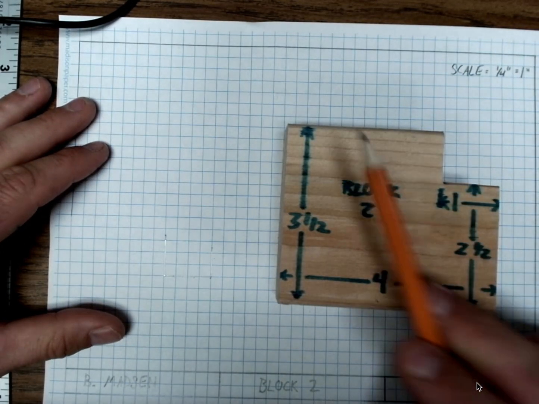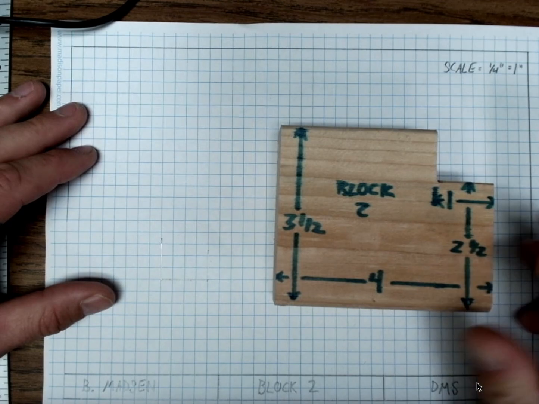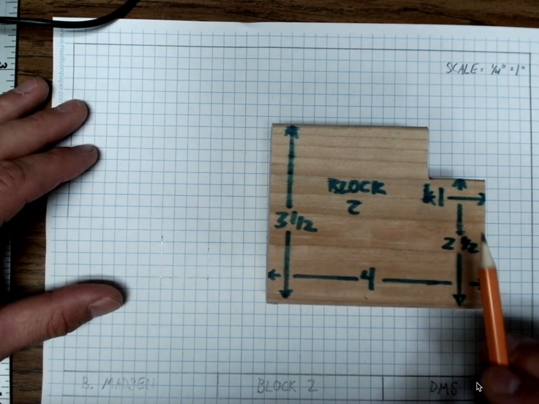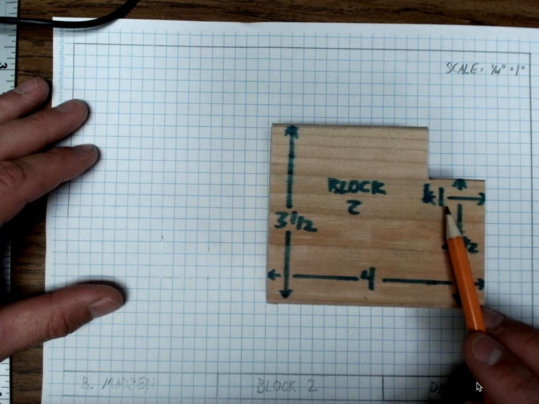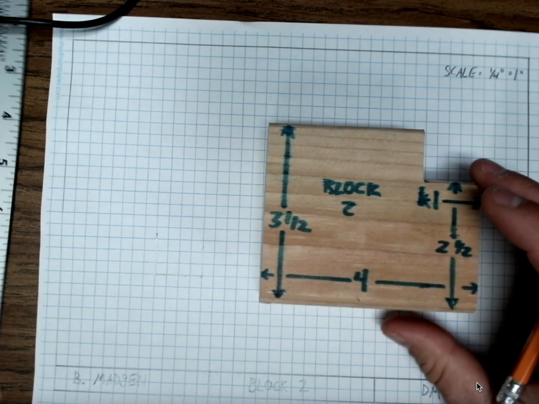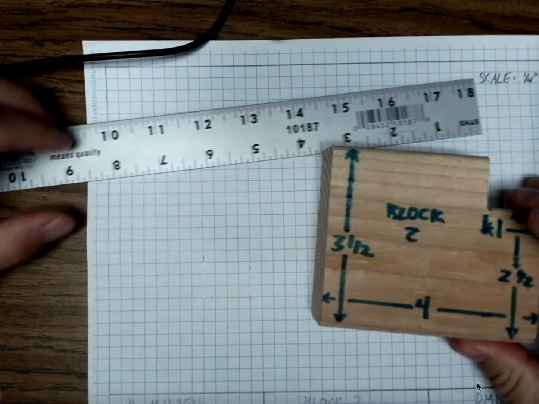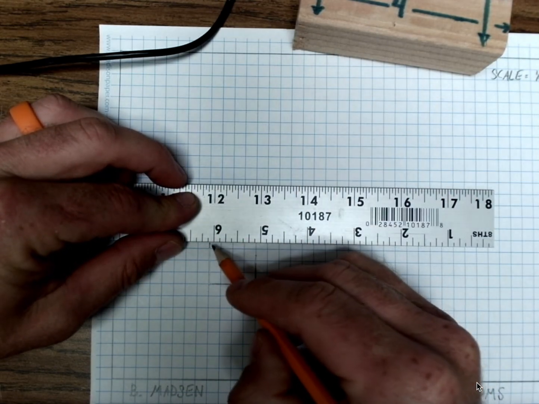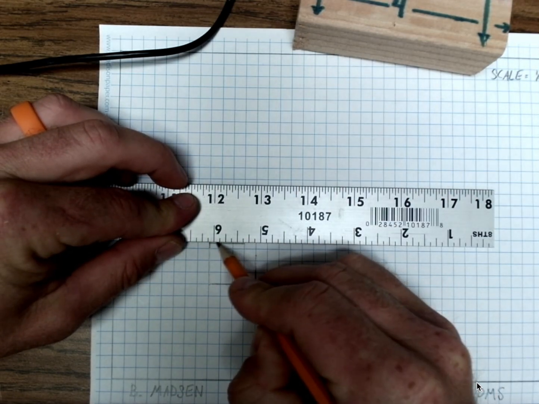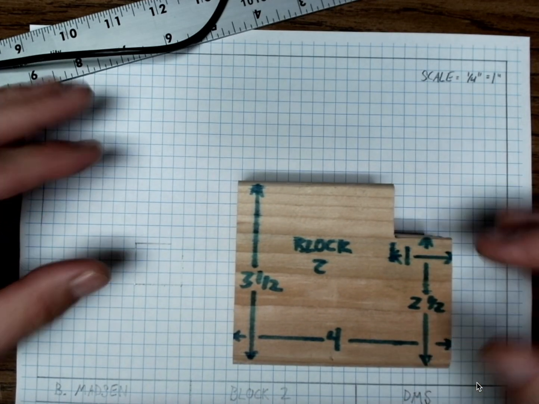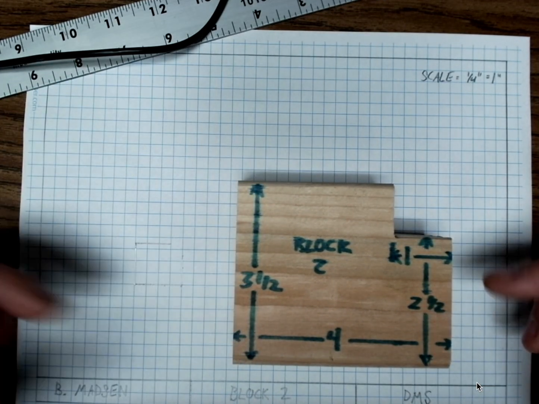Okay. Then it doesn't say this dimension, but I'm pretty sure I have enough information to figure it out. My overall width is 4. This little notch takes up 1. 4 minus 1 should be 3. That's what I'm left with at the top. So I'm going to come along the top here. I'm going to come over 3. It doesn't give me that dimension, but I know overall height is 3.5.